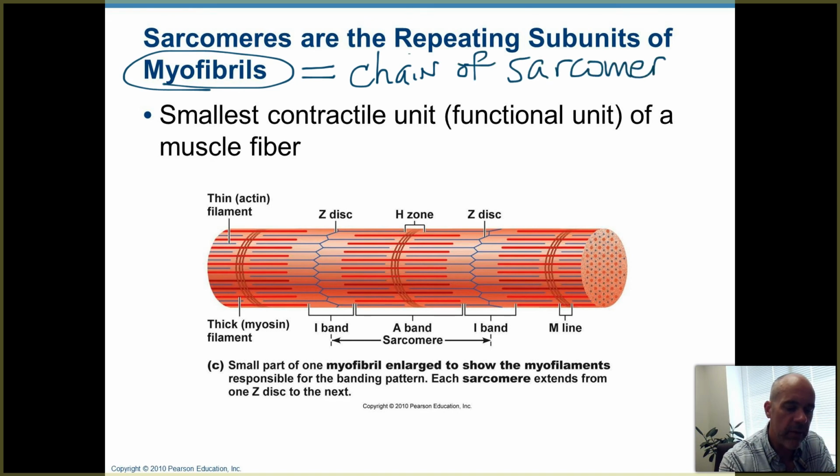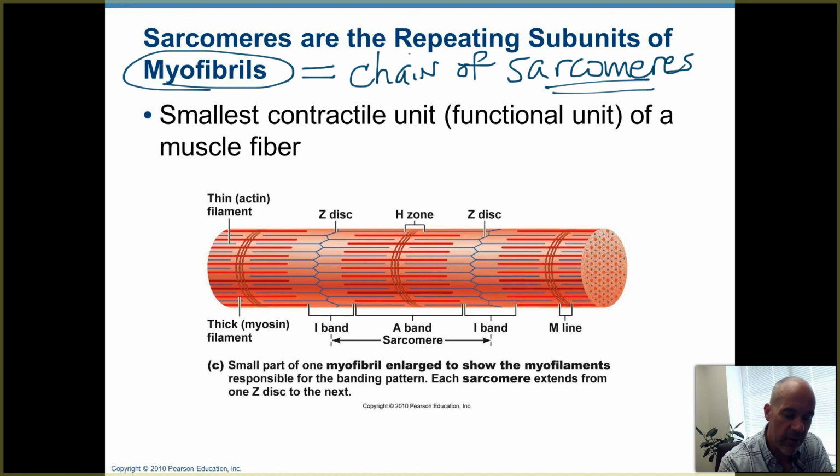A sarcomere is the basic repeating unit of these myofibrils. Myofibrils consist of different proteins bundled together, and they can be chopped up into individual sarcomeres. So the sarcomere is the structural unit.